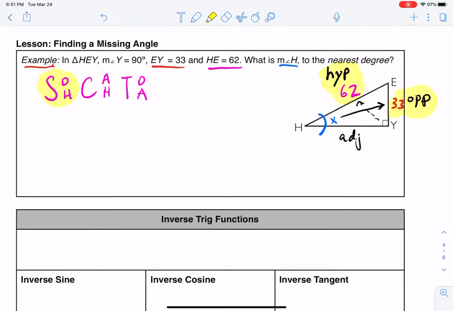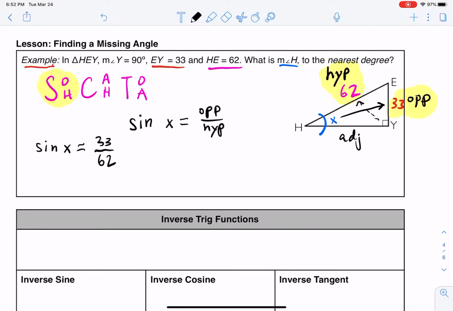All right, so let me write my equation. So remember, it's always sine of some angle. So sine of X here is equal to, now if we need to see the ratio again, I'll just write opposite over hypotenuse. But we can actually just fill in that opposite and hypotenuse with the information I know. So sine of X equals 33 over 62.